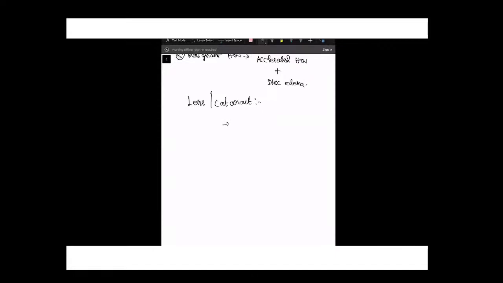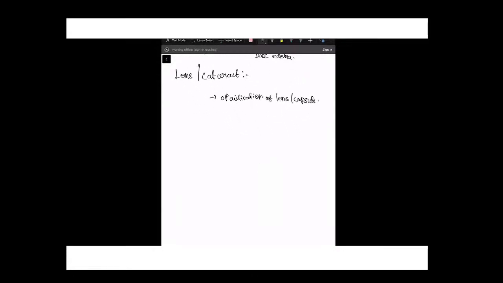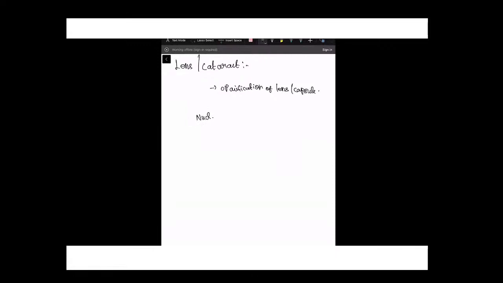Cataract is opacification of lens or the capsule. We have three types of cataract based on the lens anatomy.